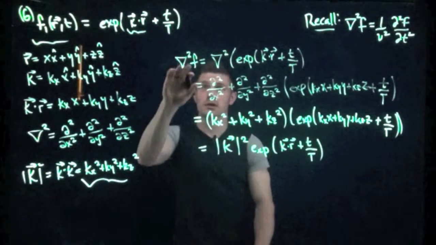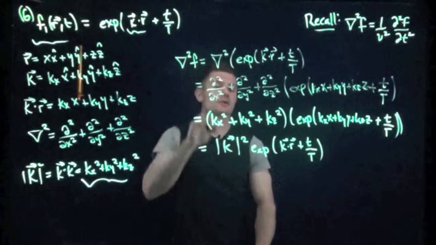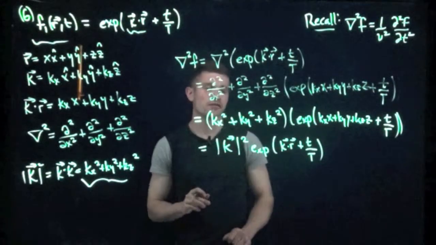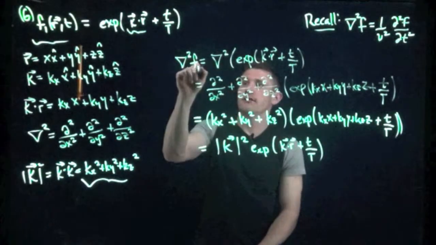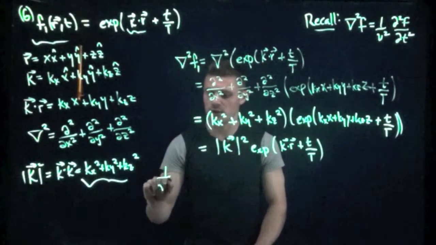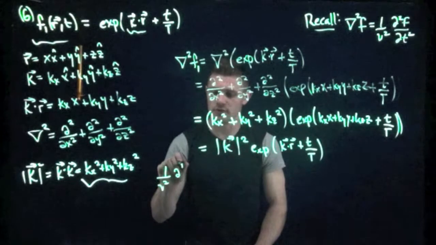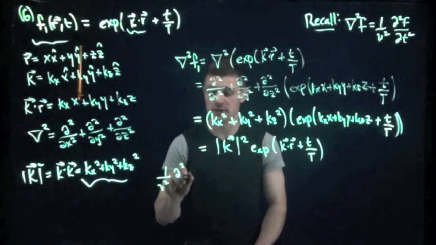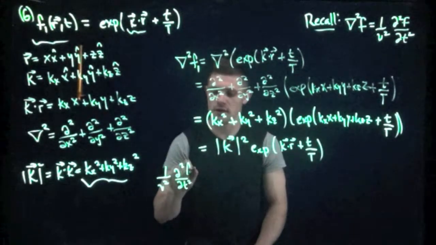This Laplacian of f is the Laplacian of our function f1. All right, so now we'll look at the right-hand side, which is 1 over v squared times the second time derivative of f1.